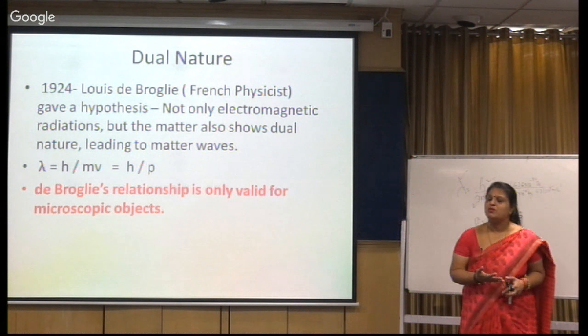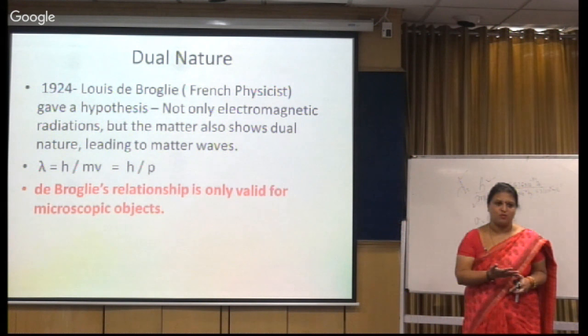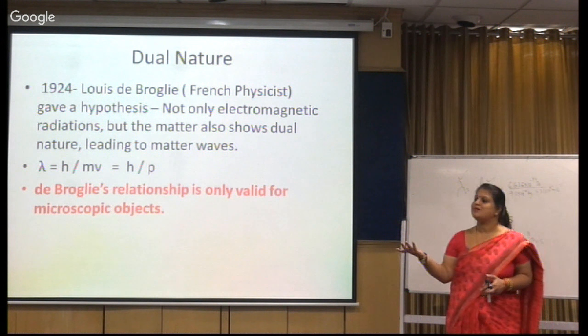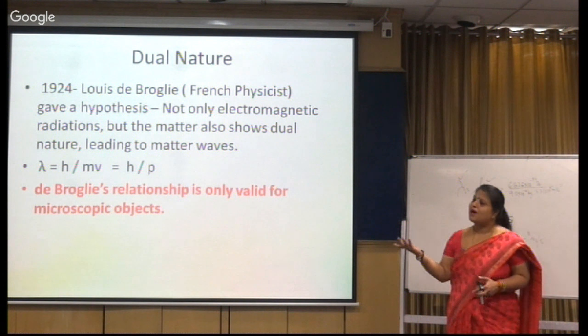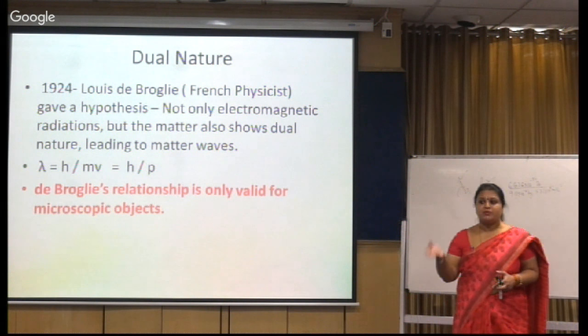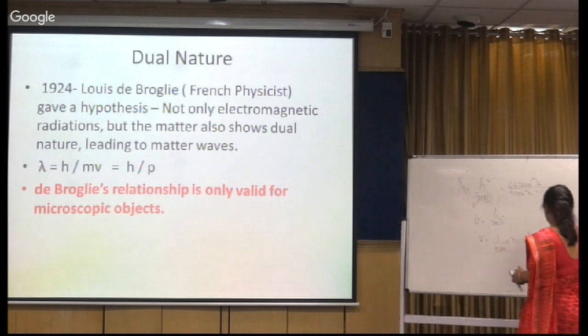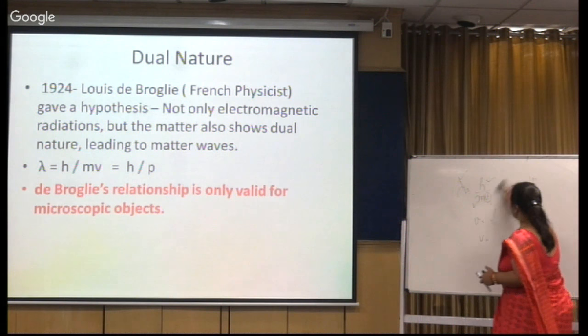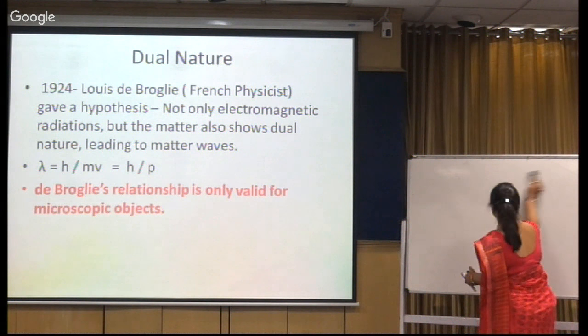Any object which cannot be seen by a naked eye becomes a microscopic object. An object which can be seen by a naked eye is a macroscopic object, no matter how small, how minute the object is.